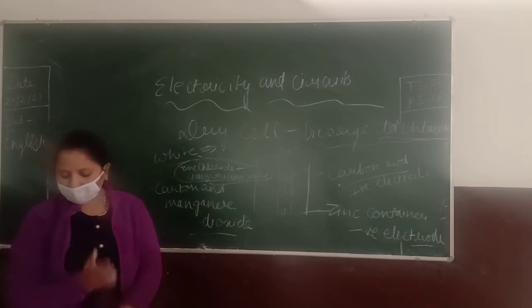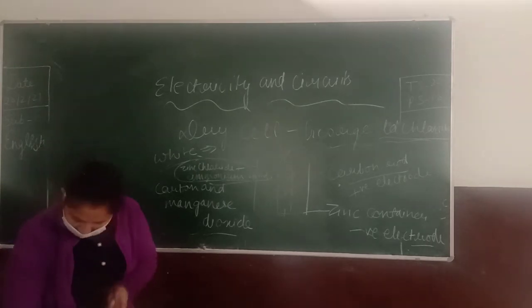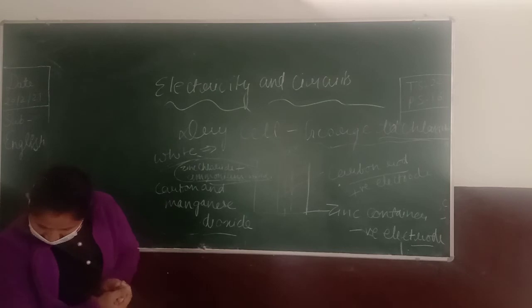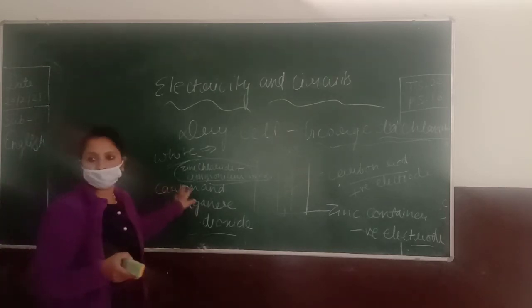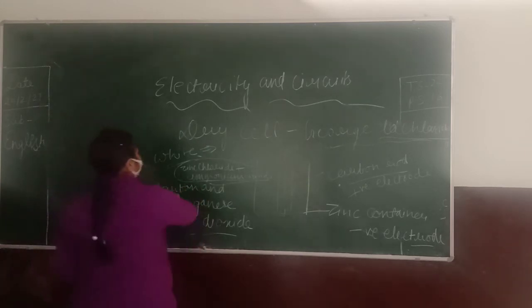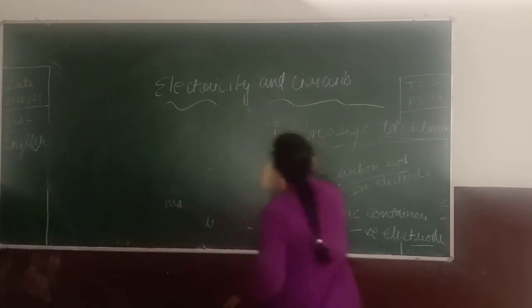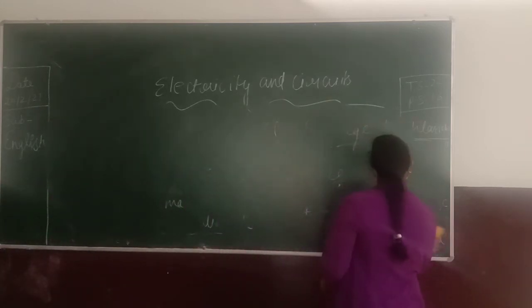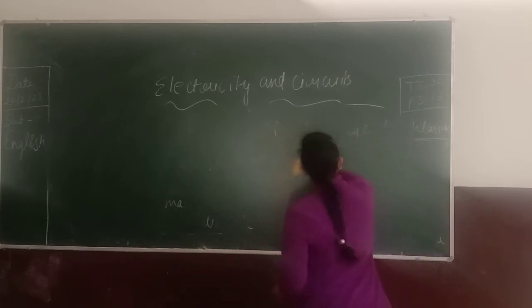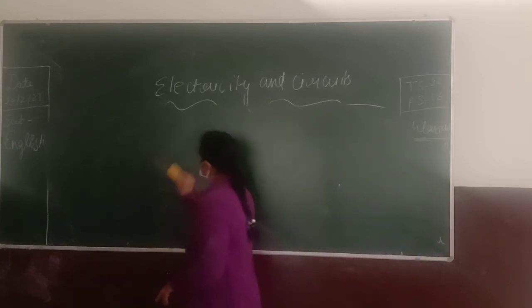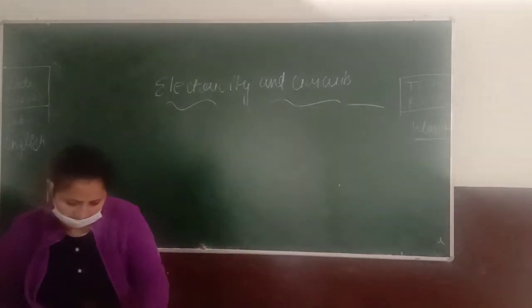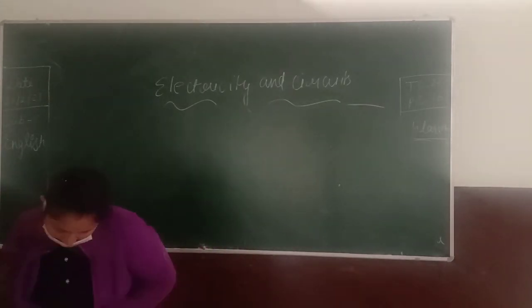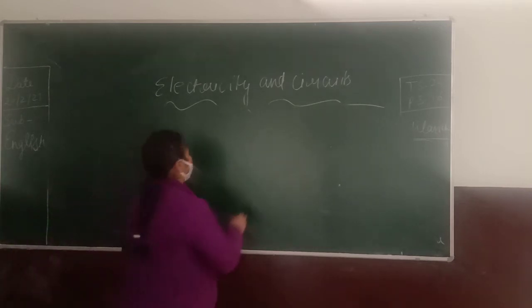So what is electric circuit? Tell me. What is electric circuit? A path through which electric current flows.